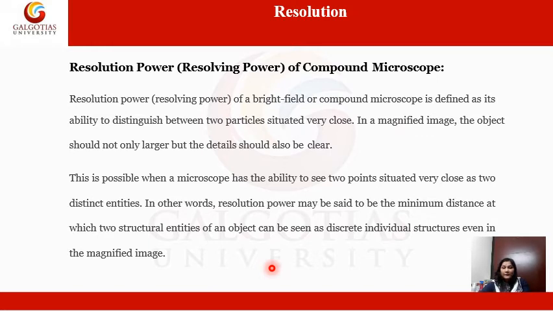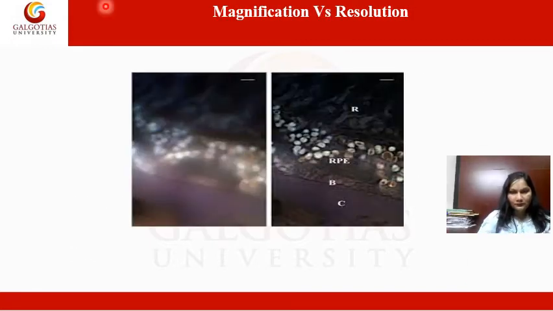Suppose these are the two. Now try to understand the difference between magnification and resolution by using this picture. Here I have taken two pictures. The picture on the left hand side of the screen is only a magnified image of a smaller object, but the magnification of the picture on the right is the same, although it is much clearer than the left one.